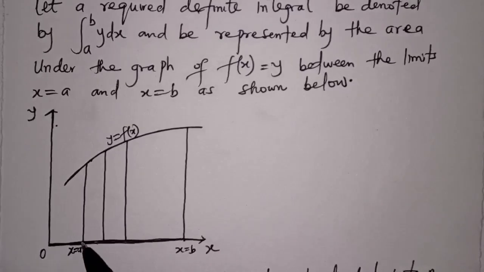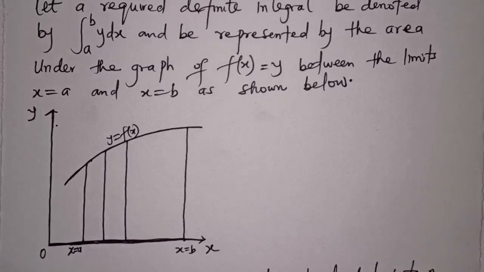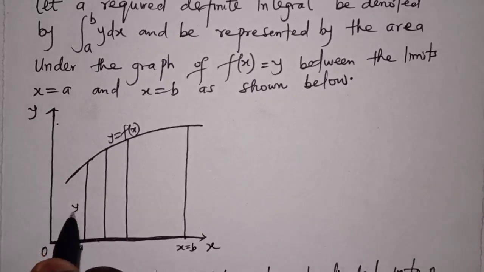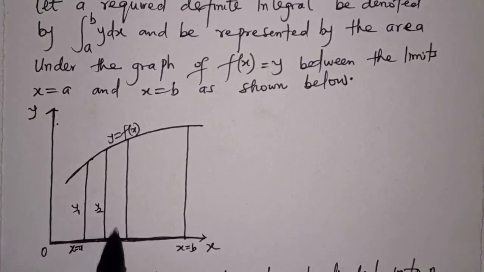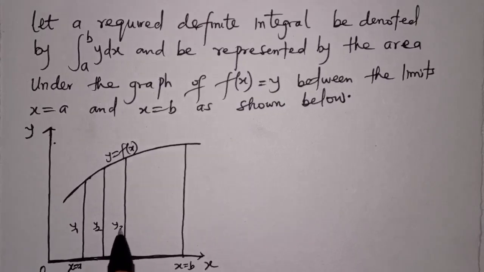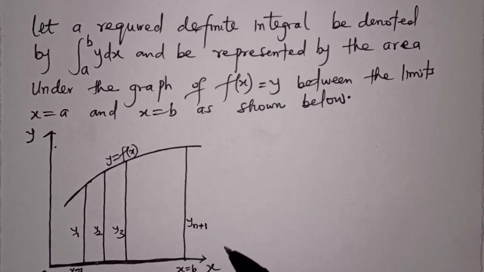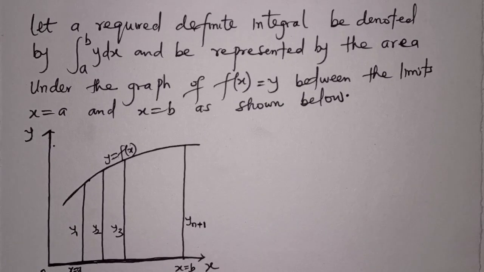The vertical distance from the x-axis upwards is the y-ordinate. So let's label y1, y2, y3, up till yn plus 1, which is the last y-ordinate.